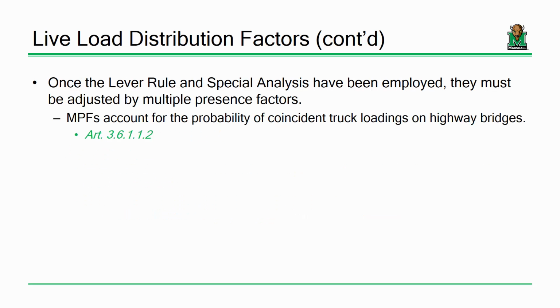Okay. All right. Last thing, or one of the last things I think is worth talking about are multi-presence factors. So multi-presence factors are trying to account for coincident loadings on the bridge. So for instance, if you do special analysis and you got 4 trucks on the bridge, what's the probability that those 4 loads are going to be at the same point, side by side at the same time? 4 tractor trailers right side by side at exactly the same moment.